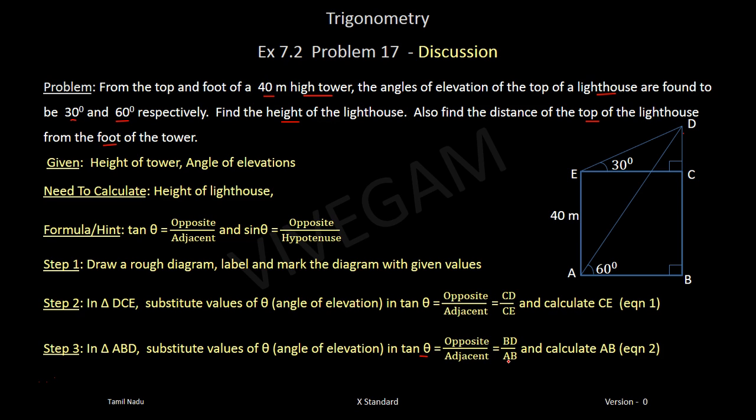Using this relation, we will get AB in terms of BD. You will get another equation. But AB we just calculated in equation 2 and CE we calculated in equation 1 are both the same, right? CE equals AB. So equate the RHS of both the equations. You will get a relationship between CD and BD. Got that? Okay.